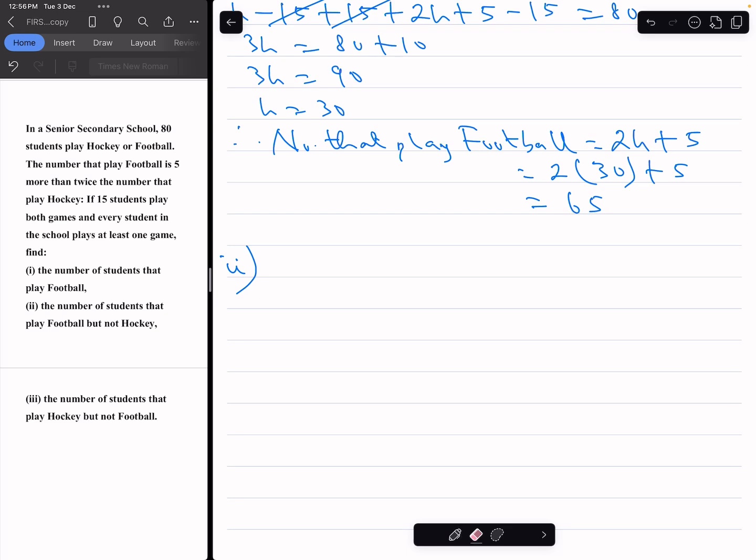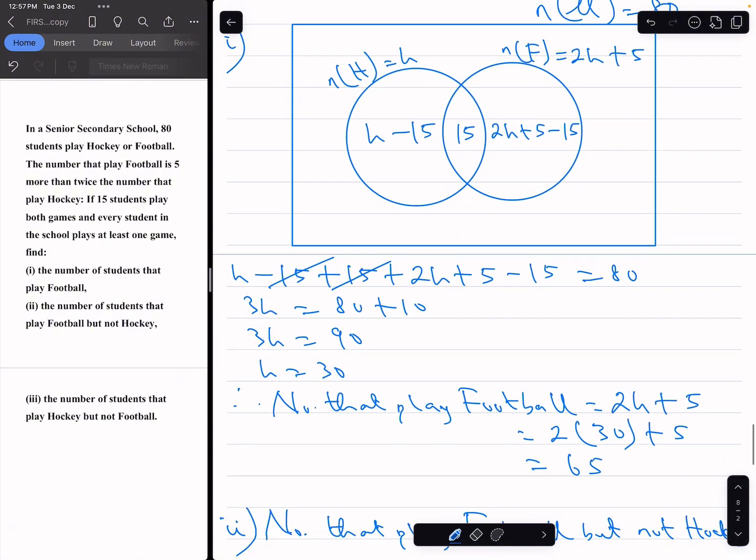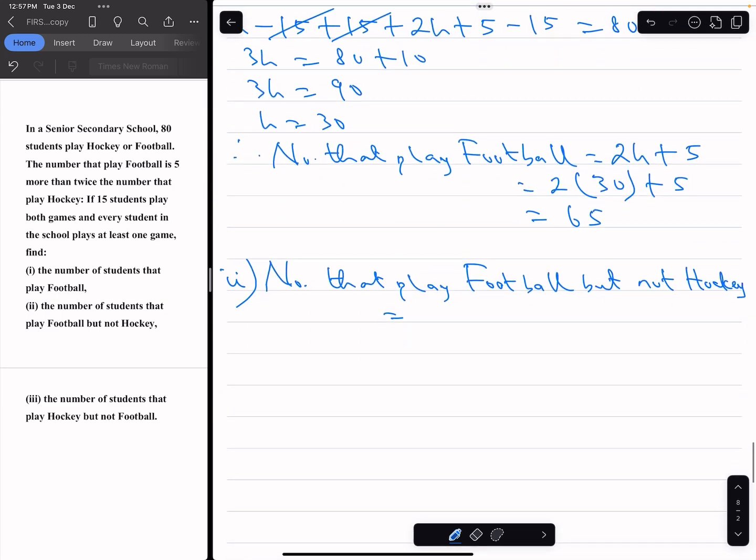So the number that play football but not hockey is 2h plus 5 minus 15, and we already know that 2h plus 5 is 65. So that means 65 minus 15, which is 50. I hope that's correct. That's 50.